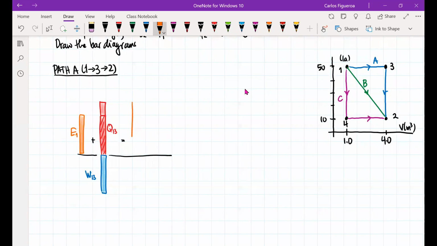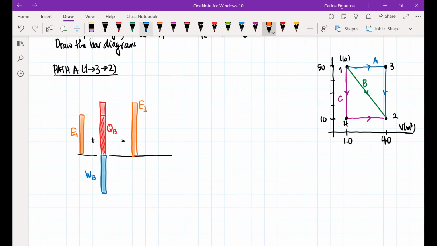So then I'm going to come here, and this shows that this is the internal energy at 3. But now I'm going from 3 to 2.